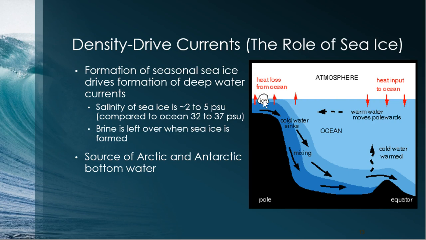Ice also increases the density of that cold water that's going to sink at the poles, because when ice freezes, it's like when water evaporates, it leaves salt behind. When ice freezes, it leaves salt behind. Okay, and so you get more dense water where there is ice, and this is the other driver. Sea ice is actually really important because of this.